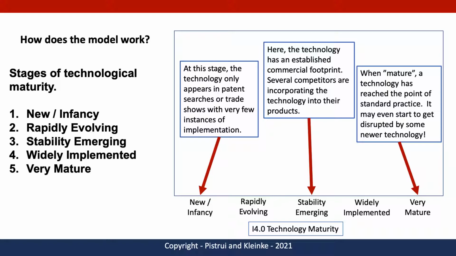Perhaps I'll give an example here of LED lighting. Back in the early 60s is actually when LED lighting was first invented. That would be the new infancy stage. Approximately along the mid 90s, approaching the 2000s, we started to see stability emerging. We started to see more and more applications of LED lights.